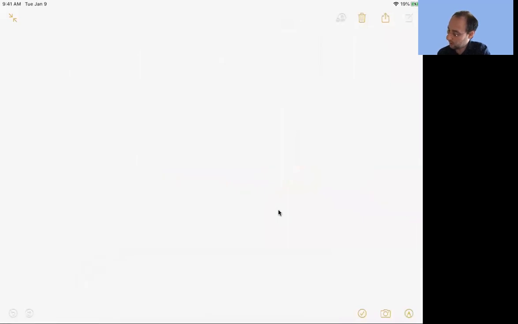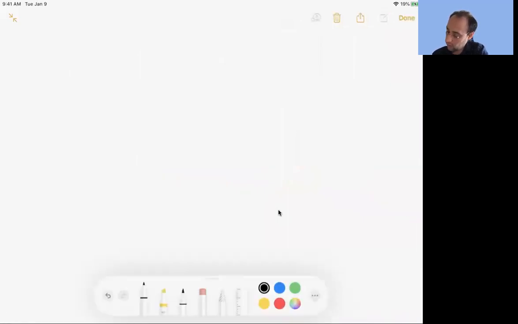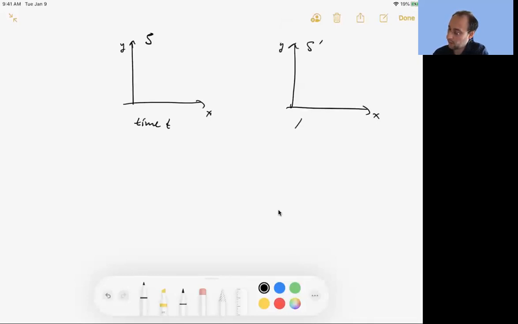Okay. So what I'm going to do is remind you of the scenario. This is frame S, and has coordinates x and y and time t. This is frame S prime, has coordinates x prime, y prime, and time t prime.